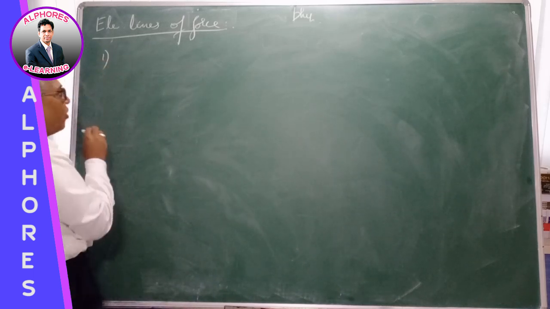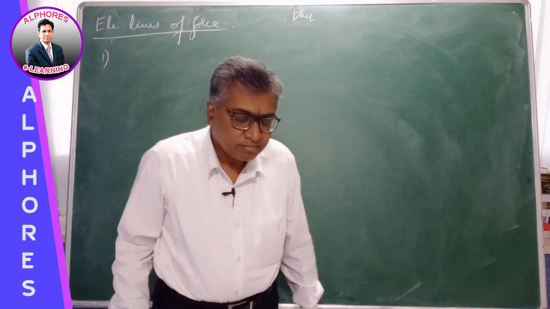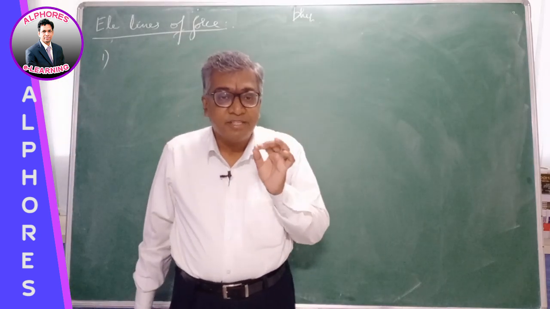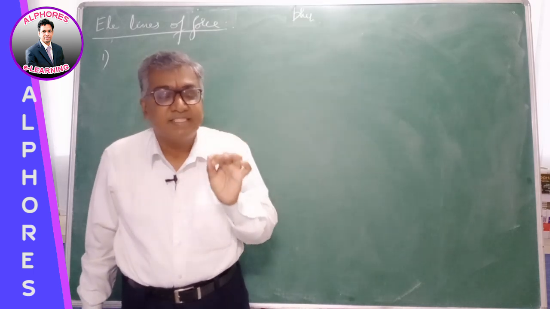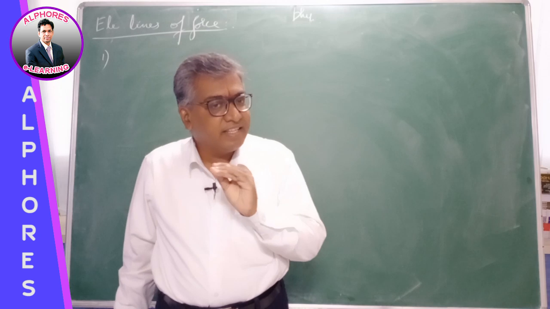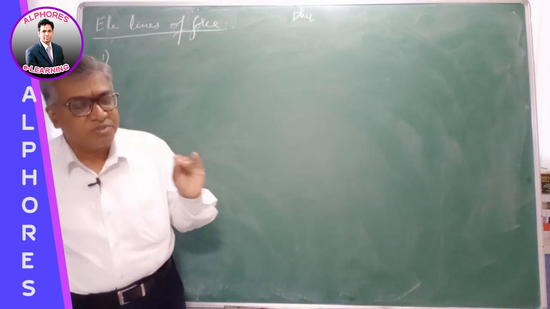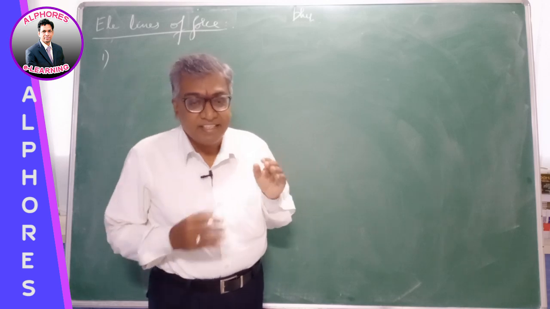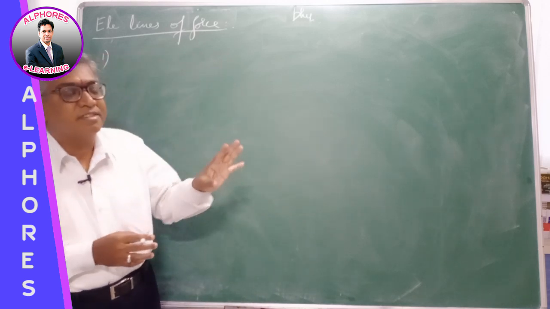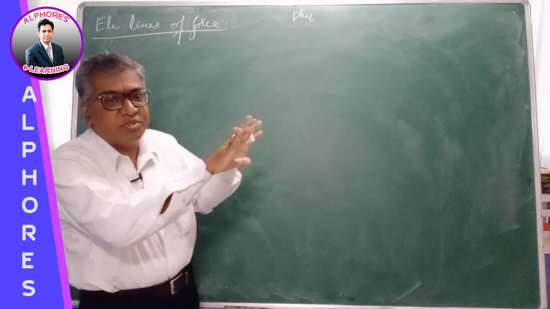First, what is an electric line of force? Please understand, electric lines of force do not exist physically. They have no existence, no physical significance. They are imaginary lines, right? They are imagined to show how the field shows its impact.